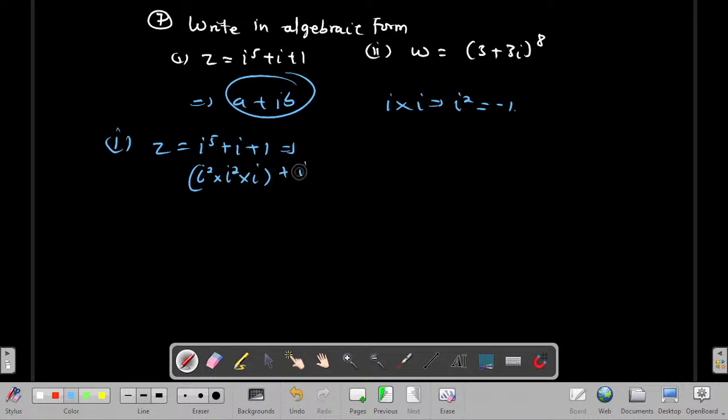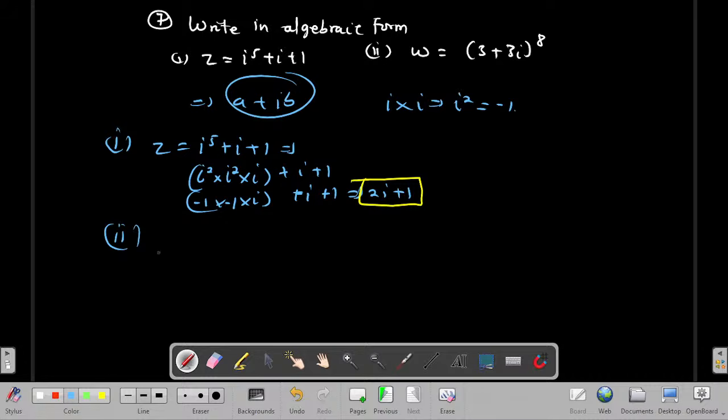Now this is -1 times -1 times i, plus i plus 1. So -1 times -1 is +1, times i is i, plus i is 2i, plus 1. As simple as that. These are some kind of bonus questions, and you don't have to make any mistake to get them wrong.